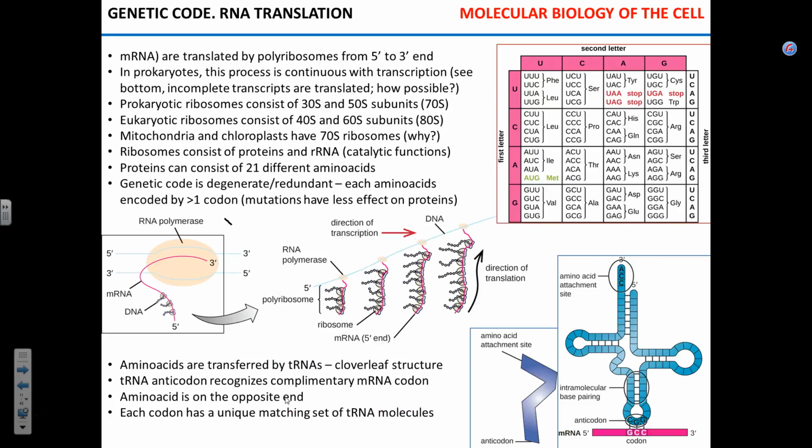Remember that picture here? So the mRNA transcript, which is purple, once it comes out of the RNA polymerase, which is beige, the ribosomes start to translate it right away.